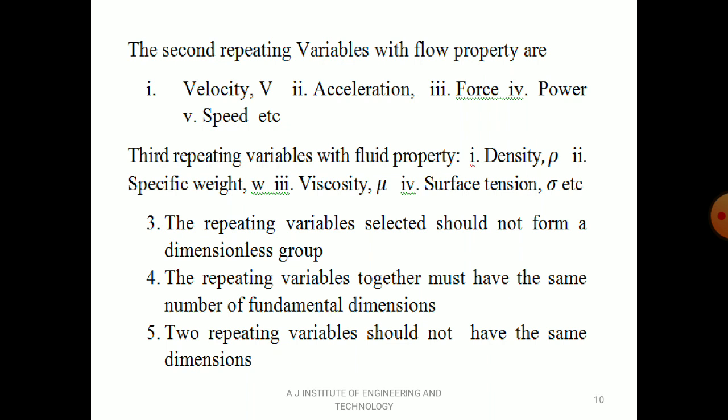Next, fifth one, two variables should not have the same dimensions. So you cannot take diameter and length, which are both geometric properties, as two repeating variables. That is not possible according to point 5. Two repeating variables should not have the same dimension or same unit.